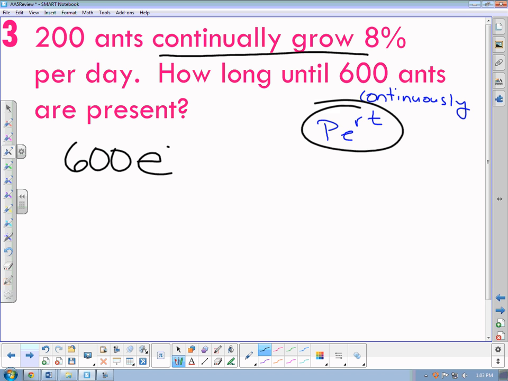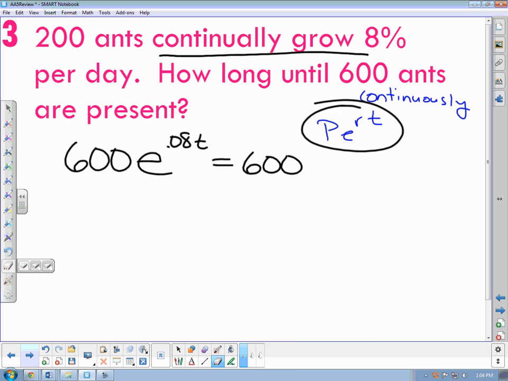The rate is 0.08, and time you're not sure of. And then we have to get to 600 ants. And this is supposed to be 200. Kind of messing up a little bit here.